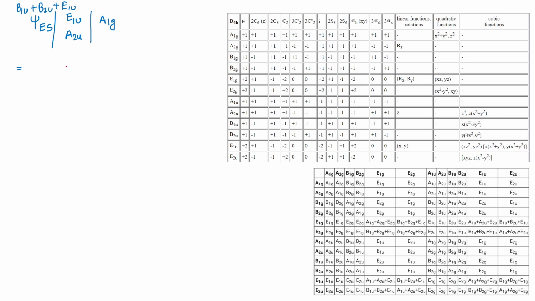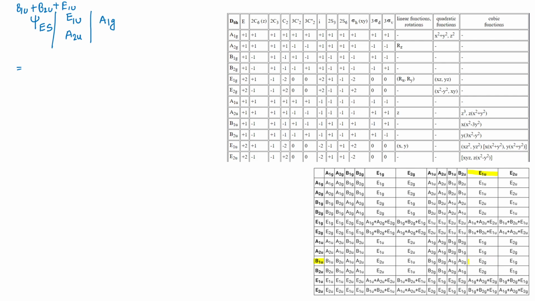And if you see for the B1U case, B1U, and we are looking at A1G, we will not consider E1U. E1U, that is E2G.